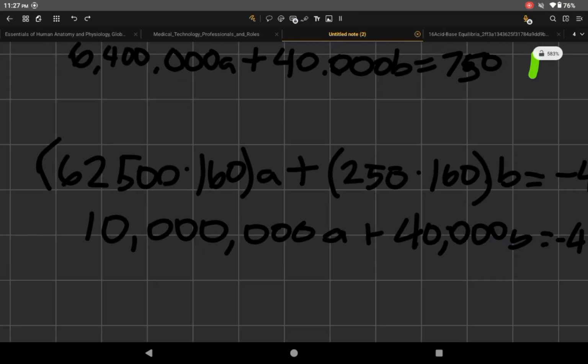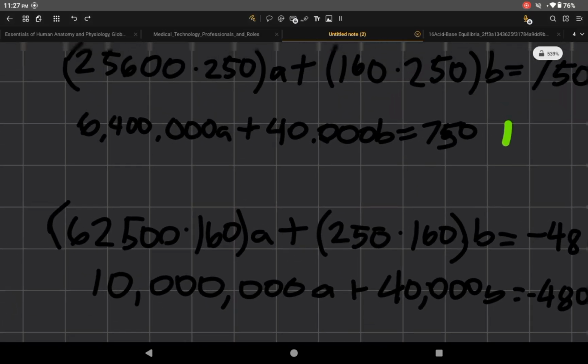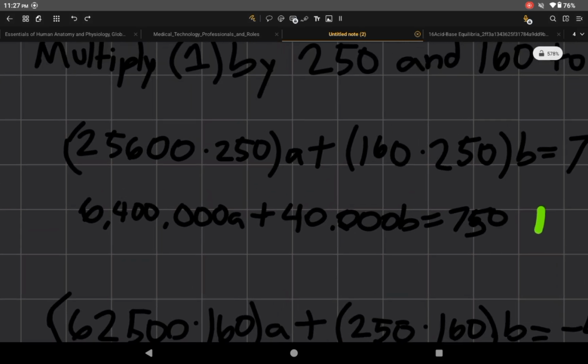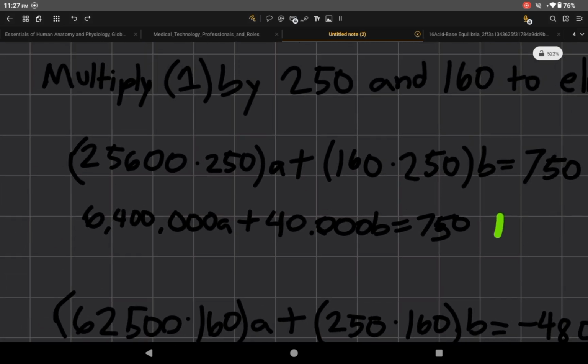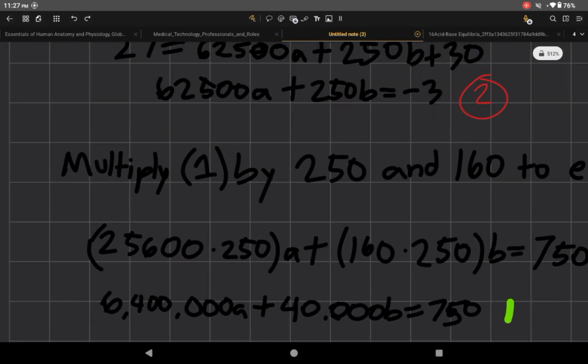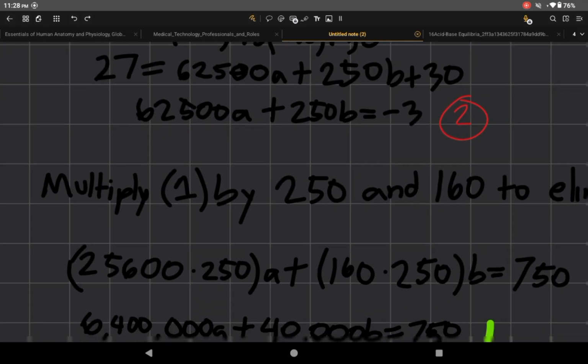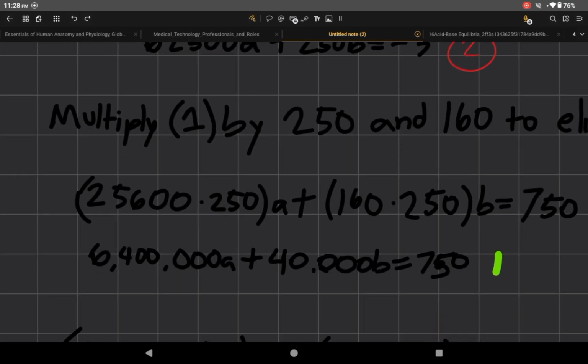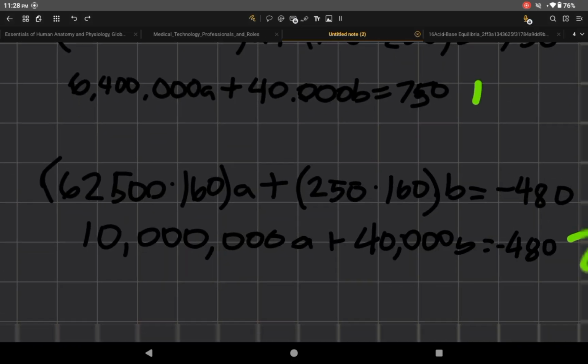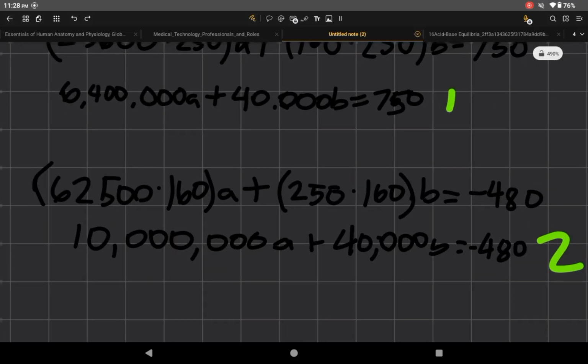Next is 62,500 times 160. Same lang gihapon. Diba 25,600 asa na siya? 25,600.